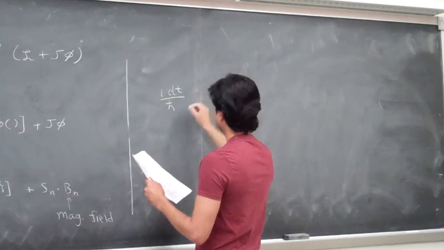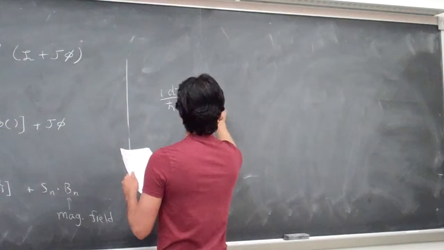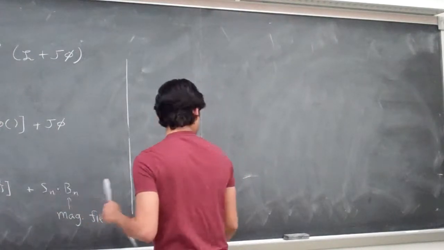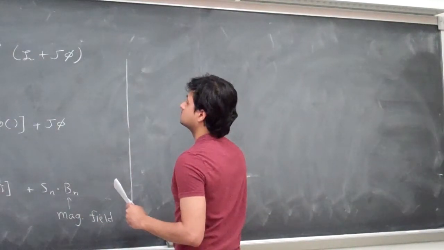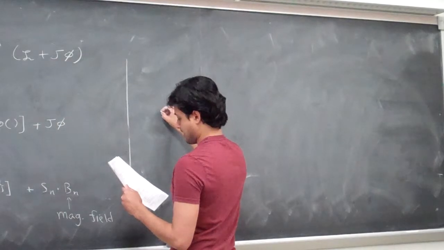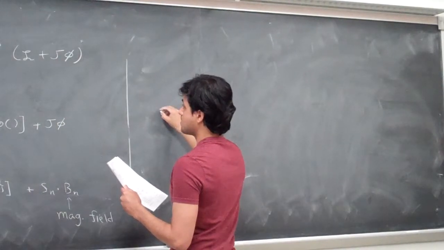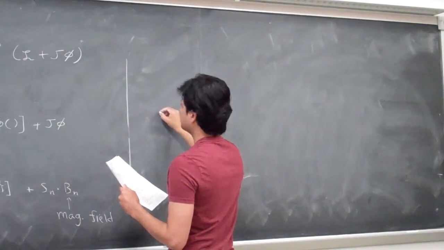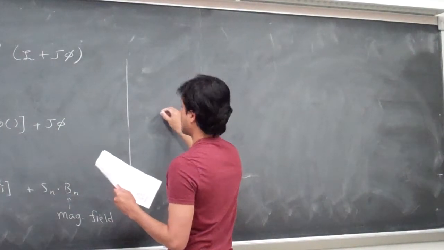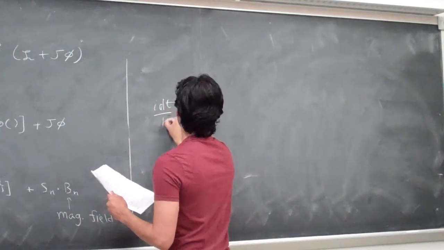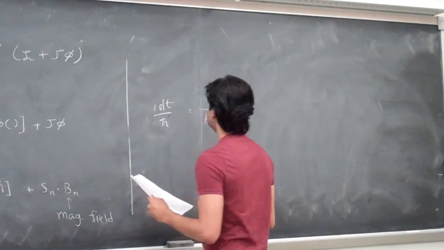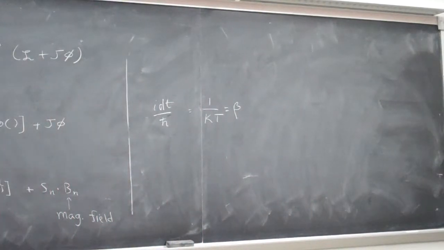So i dt over h bar becomes 1 over kT. So this is not to be compared, because you would say there's a dt here, there's no corresponding dt here, and so on.